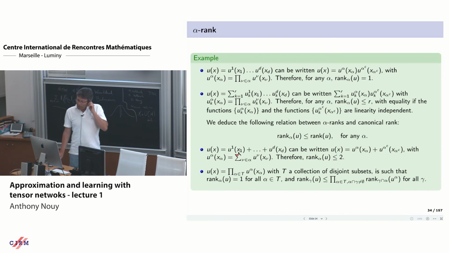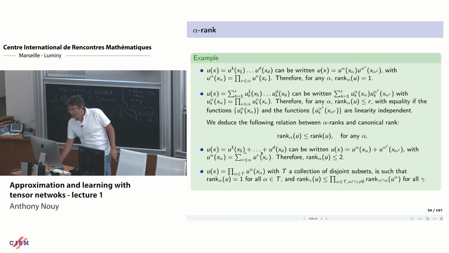Okay, now another set of functions. Look at this function, u of x, which is a sum of univariate functions. This is a type of function appearing in many domains. This is called additive functions, used a lot in statistics, for example. And clearly, this can be written as a sum of two functions of groups of variables.